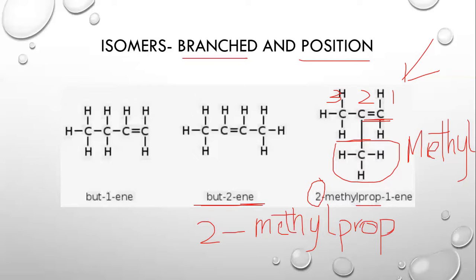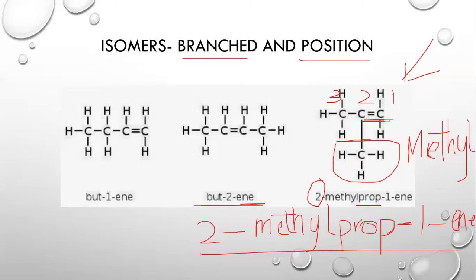Then from where the functional group is nearest? It is between carbons 1 and 2. We're going to number it only and only once. So it is nearest from 1. So 1 and then "ene." That's how you are going to name it.